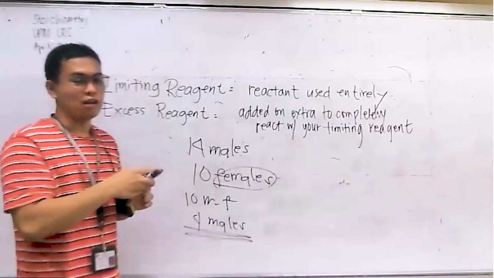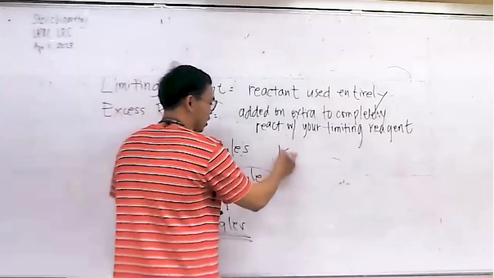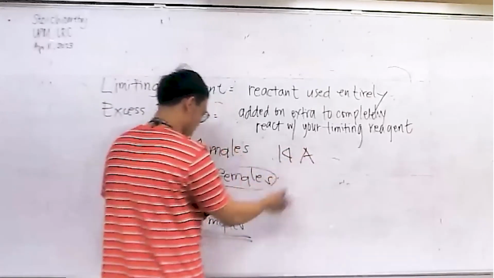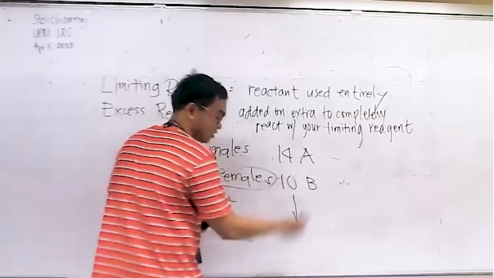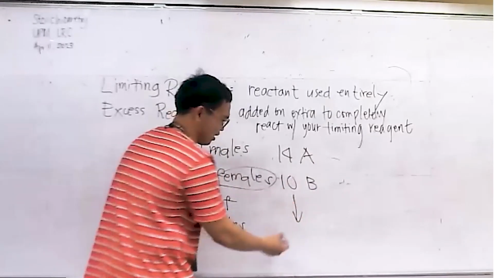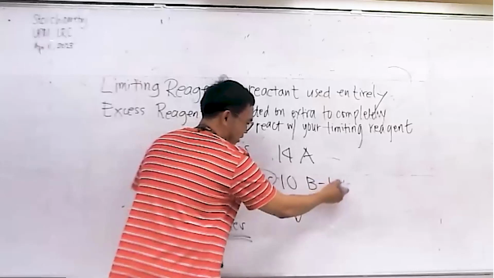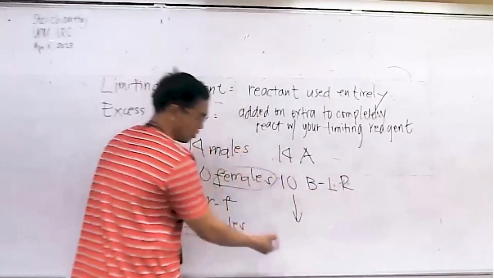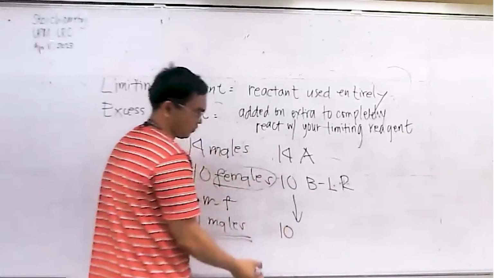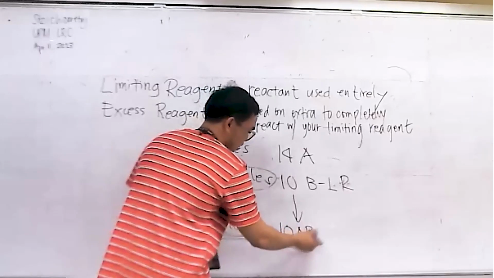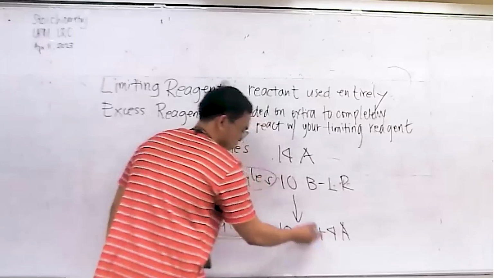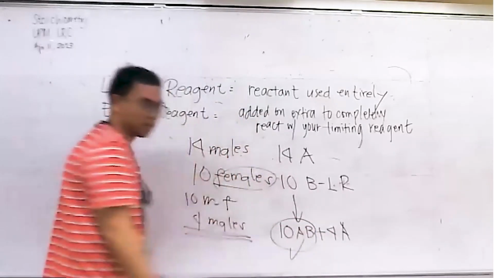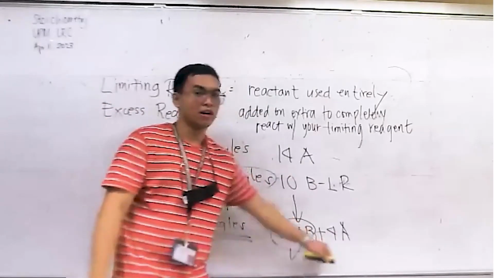Similarly, when you have 14 molecules of A and 10 moles of B, for example, the product is AB. B is our limiting reagent, so you have 10 AB plus an excess of 4 A. This is the desired product, and you have an excess of 4.